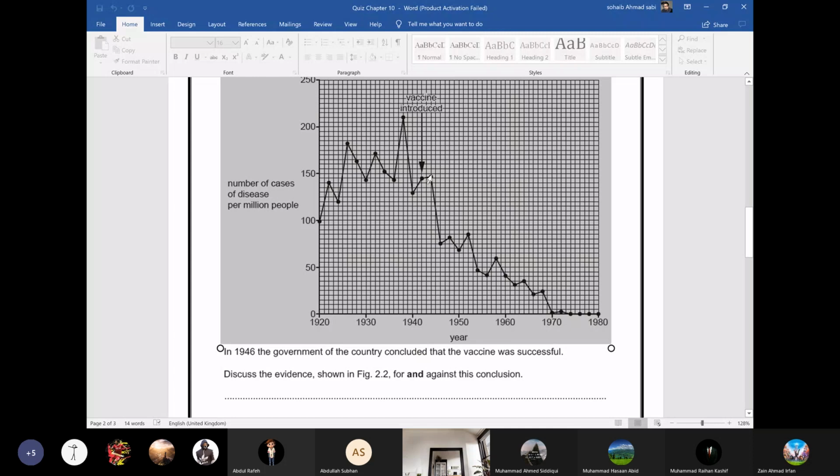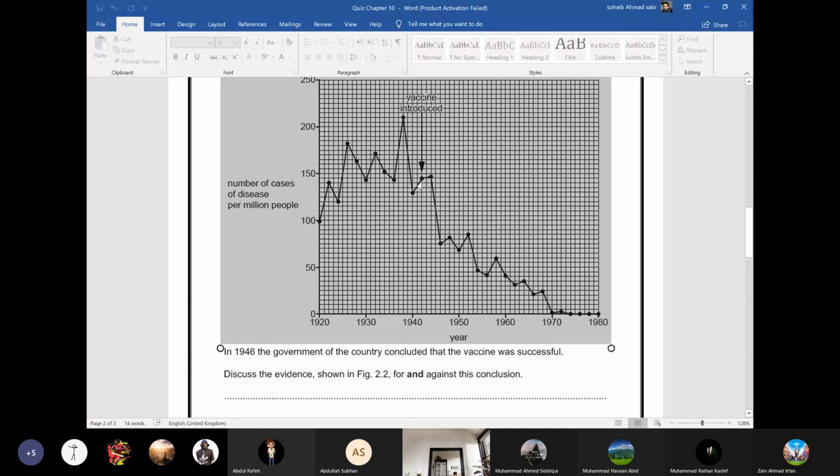From 1942 to 1946, the number of cases did increase, but they are still low compared to pre-vaccine years. Understood, everyone? So the number of cases are less compared to pre-vaccine years.